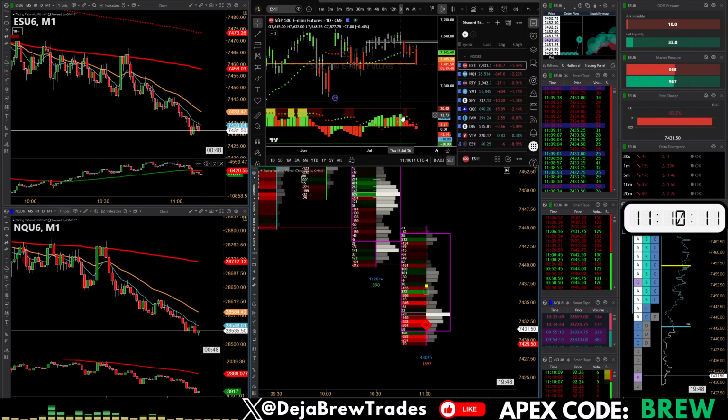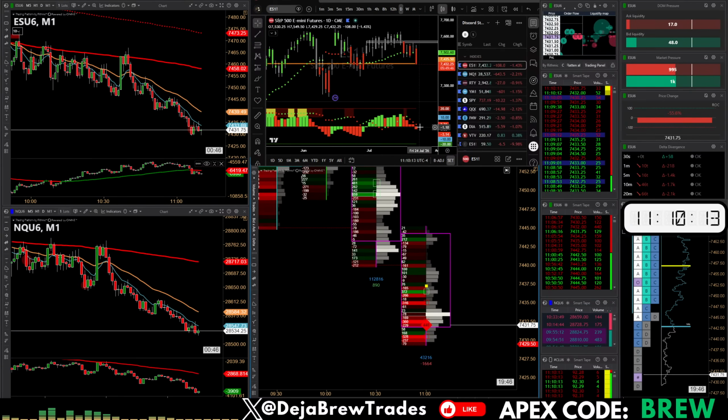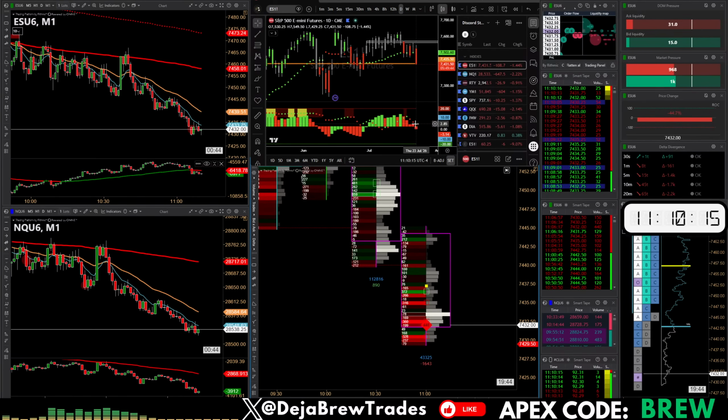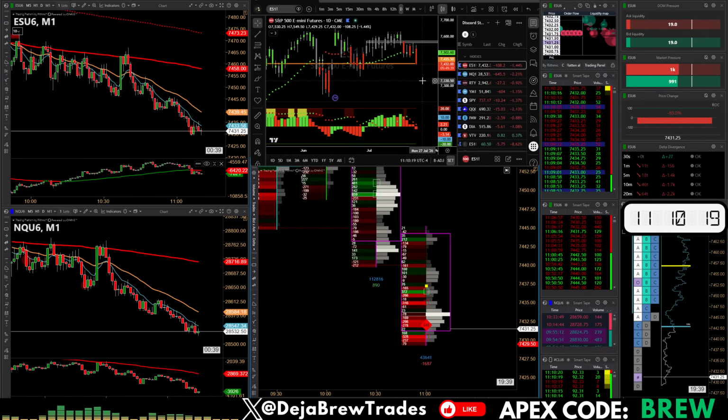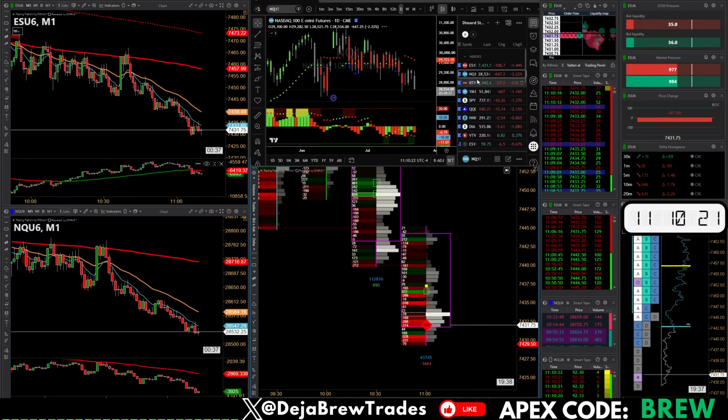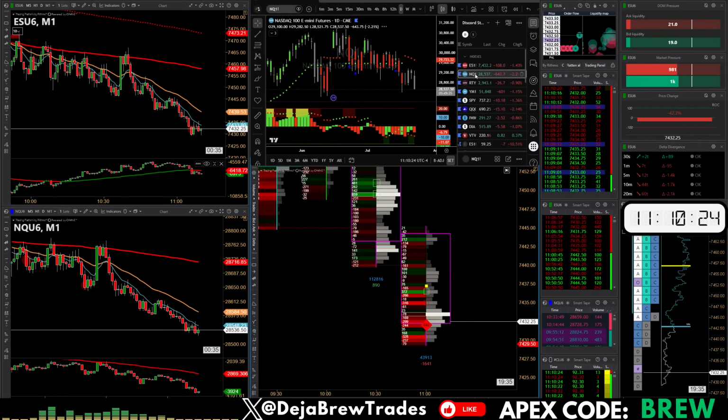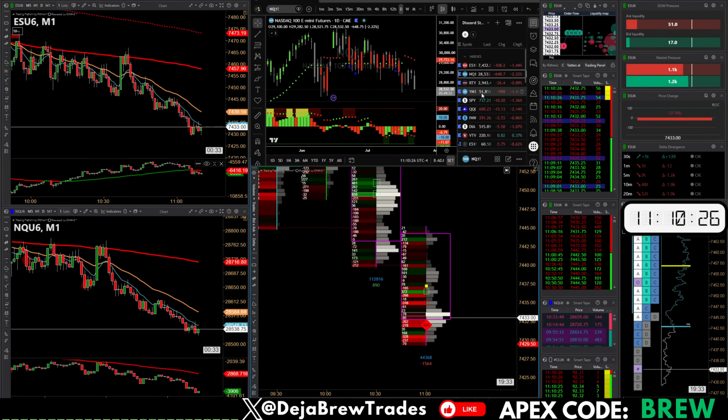We can see the momentum has given up and it's starting to come down here. It's not decided yet, it's right on that zero line. But like I said, they're sitting on a cliff. They need to find those buyers immediately.